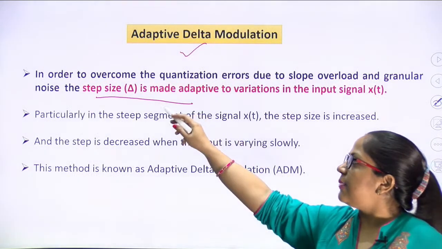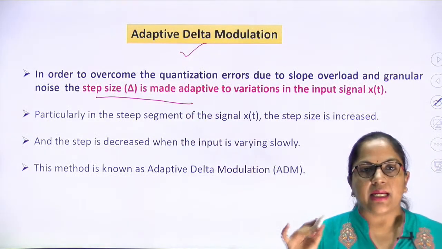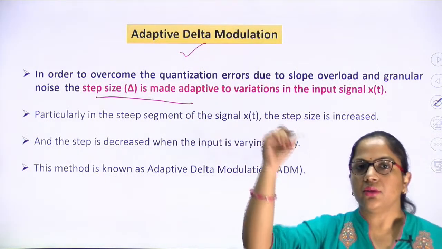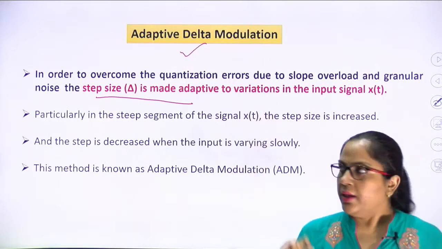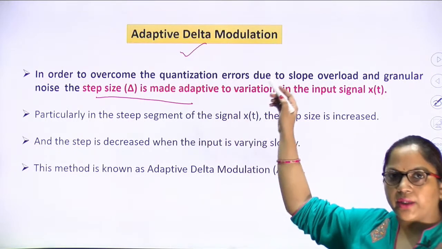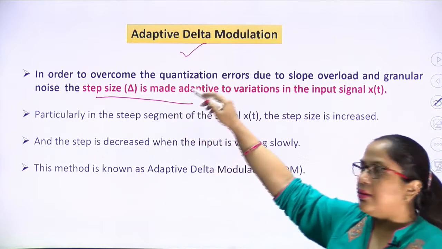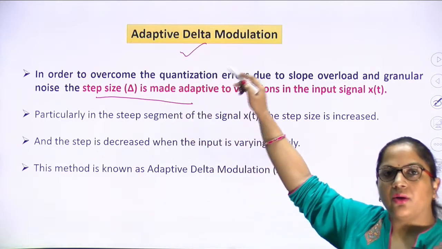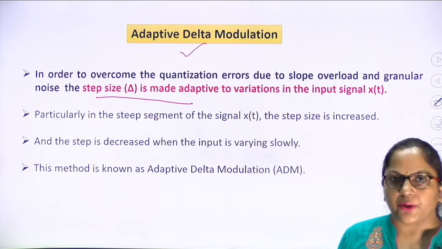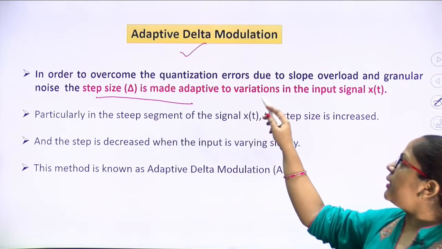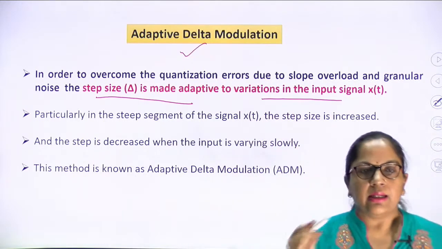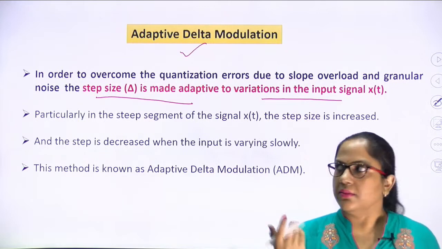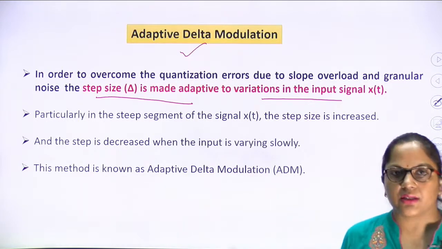Here we make the step size variable. Step size now will vary according to the variation in the information. If our information is varying quickly, the step size will become double or thrice of its previous value, and if our information is becoming constant, then the step size will become half of its previous value.